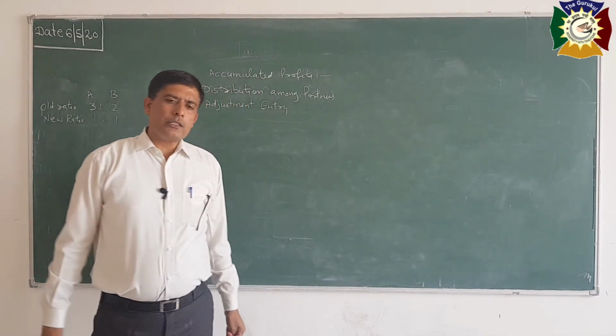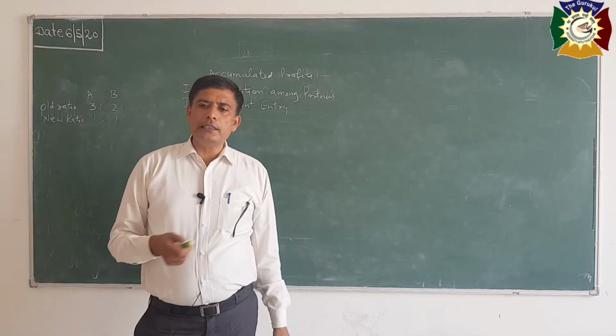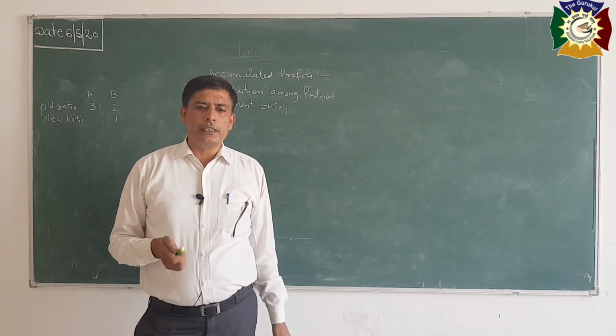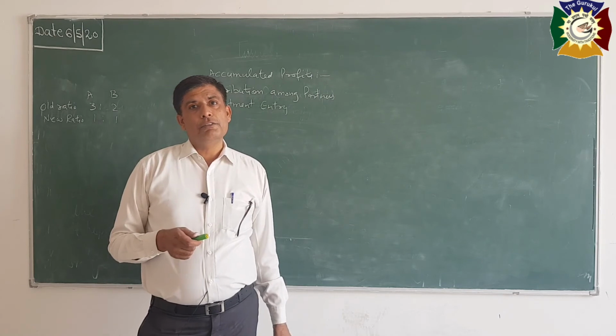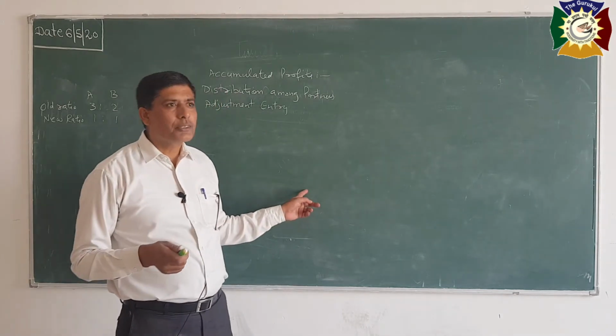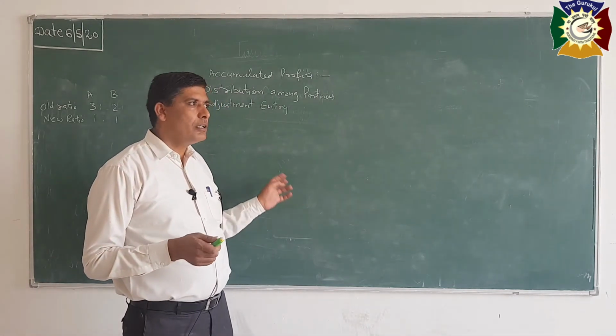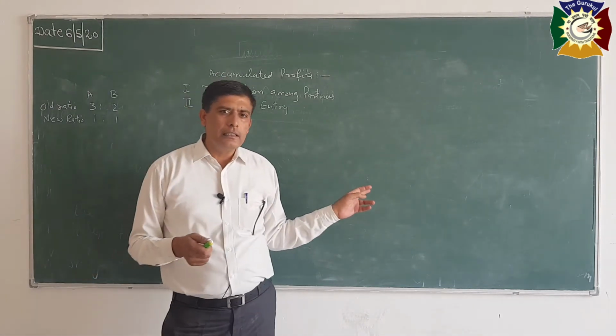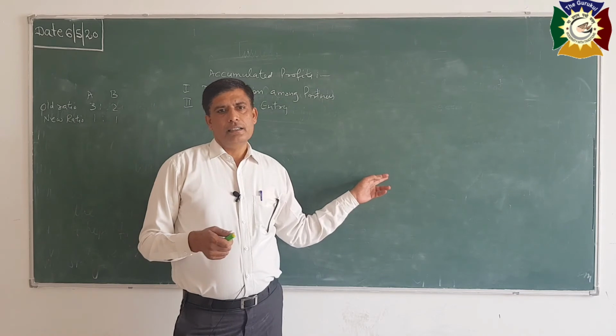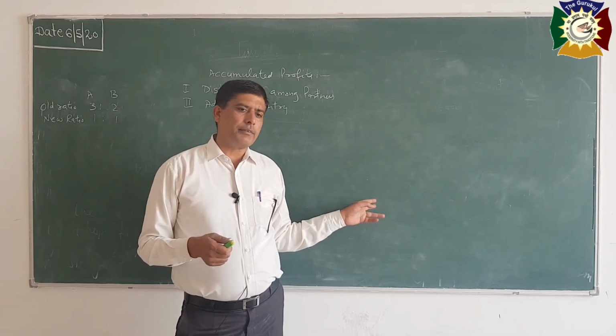When we are asked to pass an adjustment entry for these undistributed profits or losses, then we will pass this entry like goodwill. First of all, calculate sacrifices or gains, then calculate the share in total of these accumulated profits and pass the entry, that is debit the gaining partner and credit the sacrificing partner.